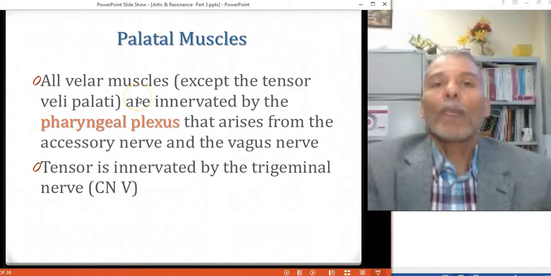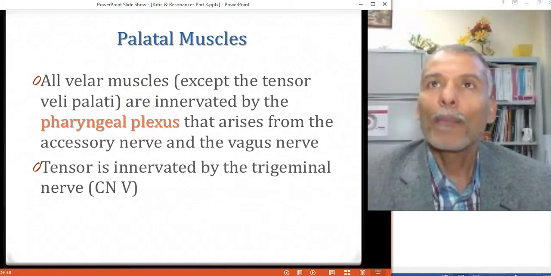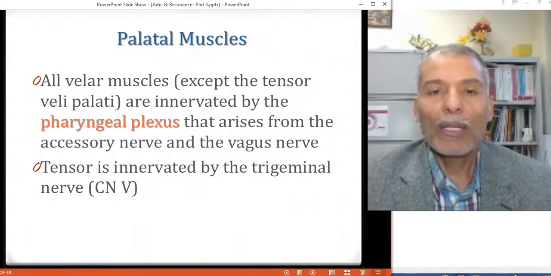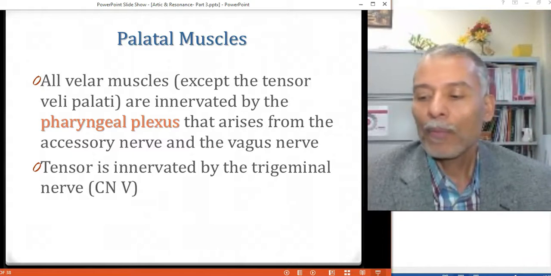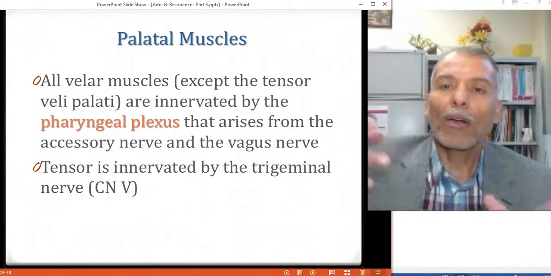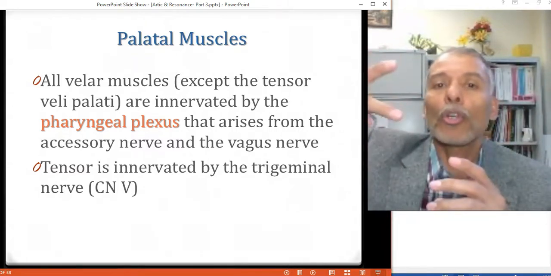As I mentioned, muscles cannot move unless you give them an innervation. And all the muscles of the velum are innervated by a complex of nerve tissue that comes from two nerves.